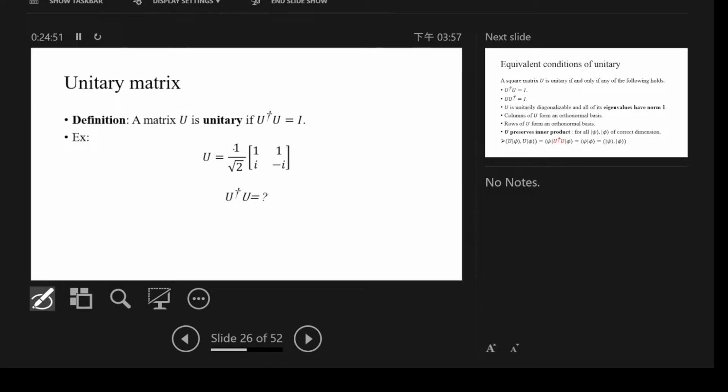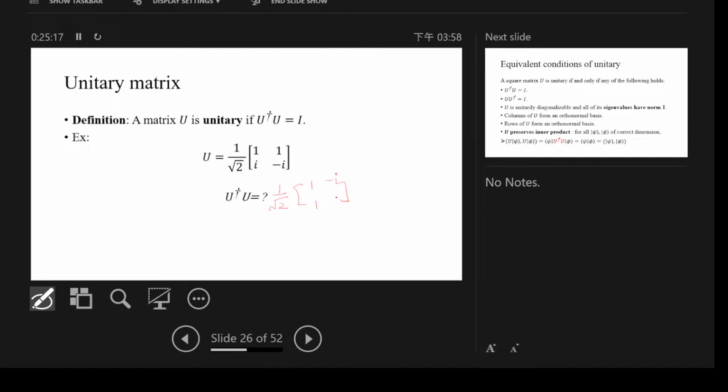Let's see an example. We have U equal to 1 over square root 2 times the matrix 1, i, i, minus i. Then we can calculate U dagger U. U dagger still has the 1 over square root 2, then we transpose and complex conjugate, so i becomes minus i.